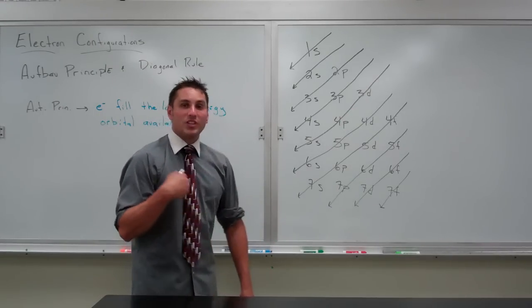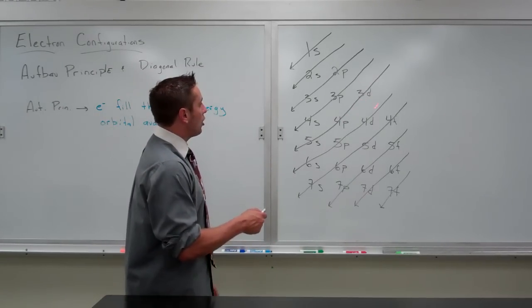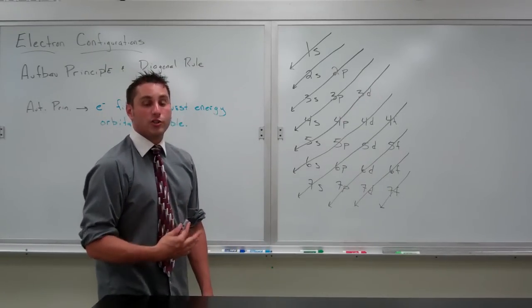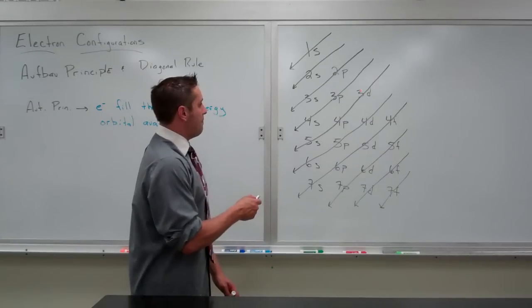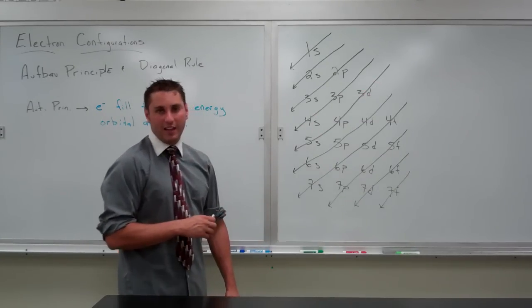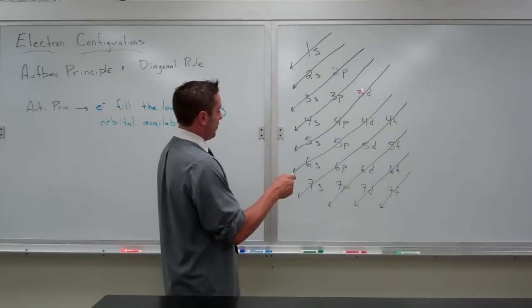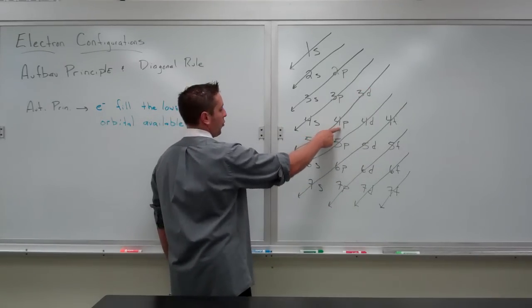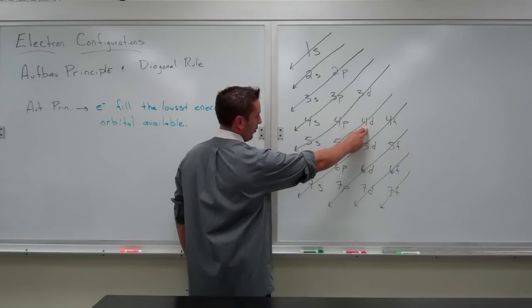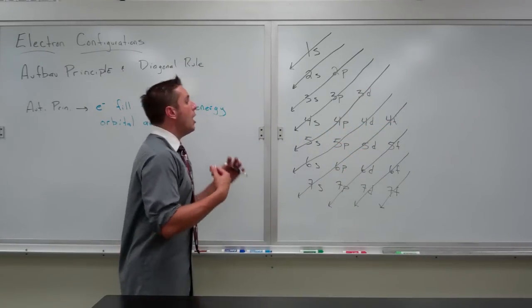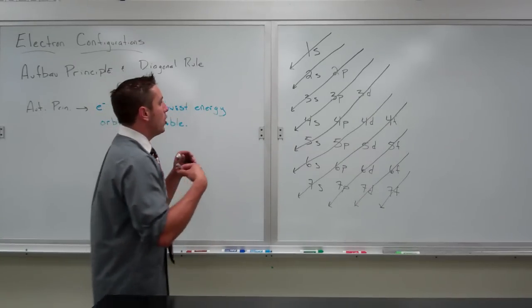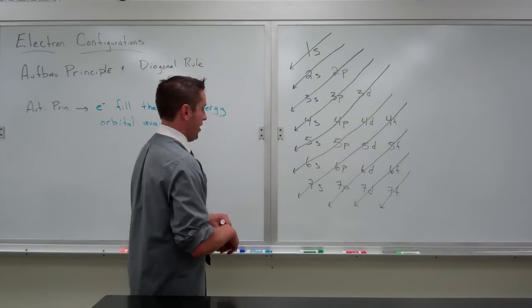The d orbital is so complex that even in a lower energy level, it requires so much energy to make that it makes this orbital more energetic than this one. So the 4s fills before the 3d. Notice 4p, 5s fills before the 4d or the 4f. But if you follow things diagonally, you will be able to write electron configurations.